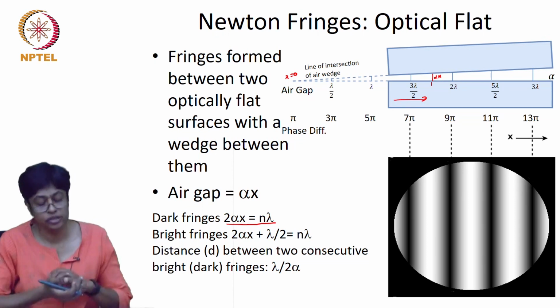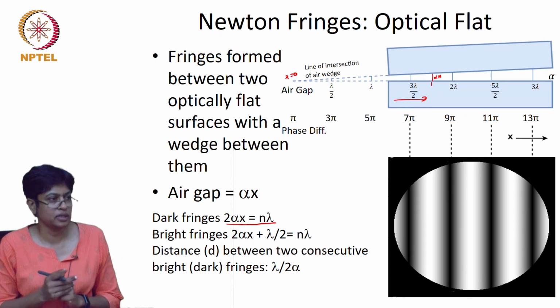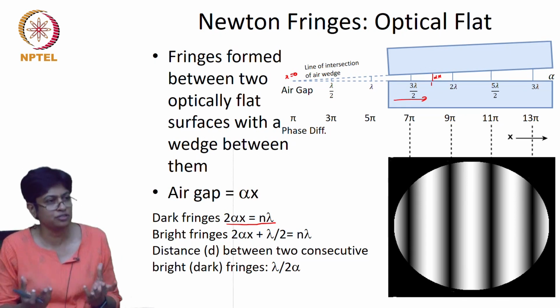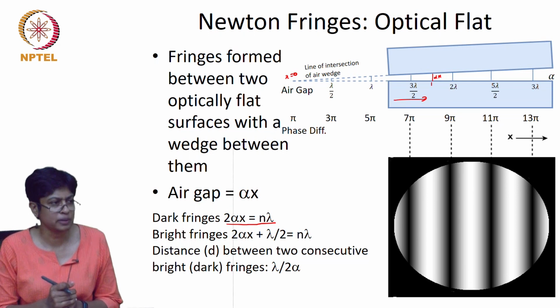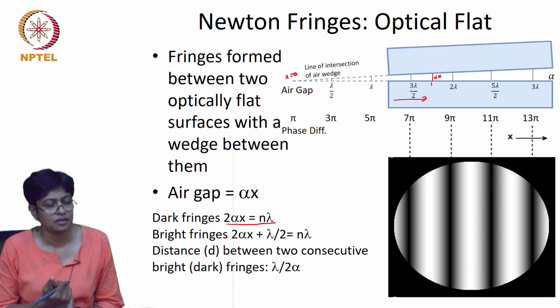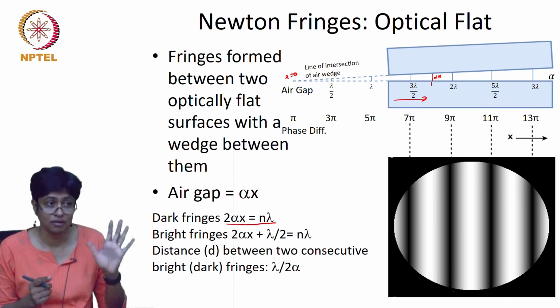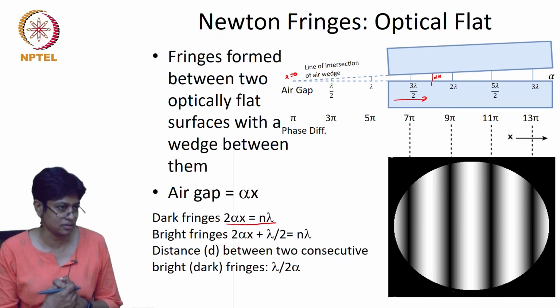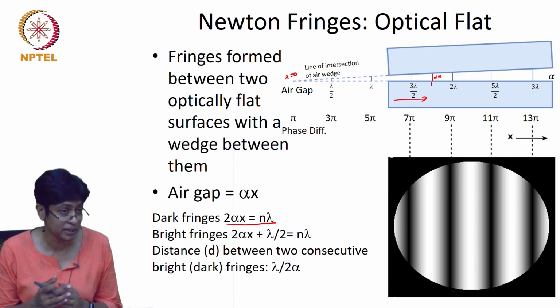Why are the dark fringes occurring at n lambda? Doesn't that sound more like constructive interference? Shouldn't you expect constructive interference whenever you have a multiple of lambda? I am now asking you to go back and think about your electromagnetics. Light, after all, is an electromagnetic wave. It's hitting a dielectric surface.